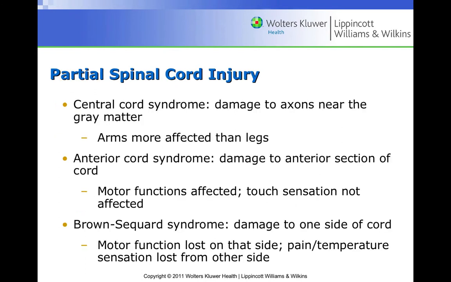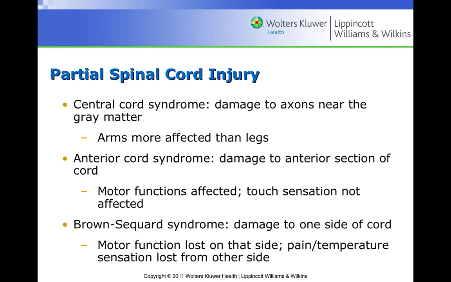You can have complete spinal cord injury where there's absolutely no function below the level of injury, or you can have a partial spinal cord injury, which means that there are still motor pathways and neuron pathways that exist.